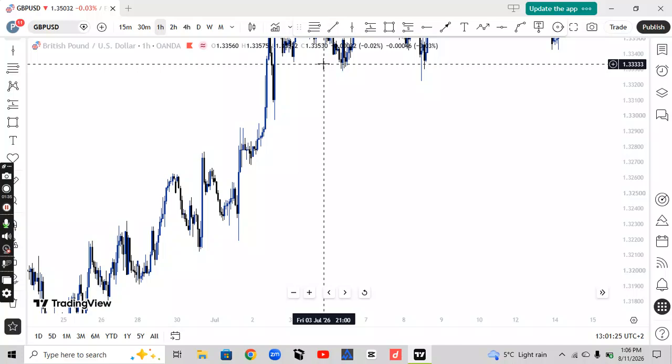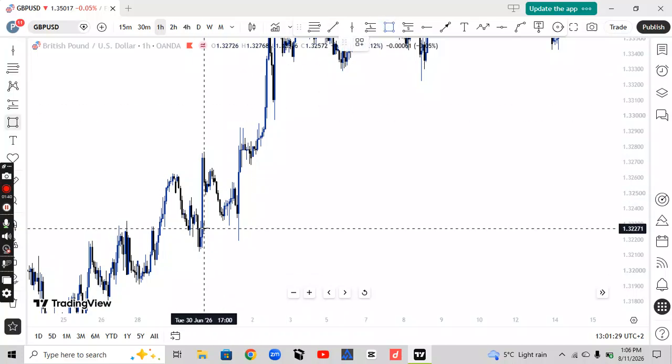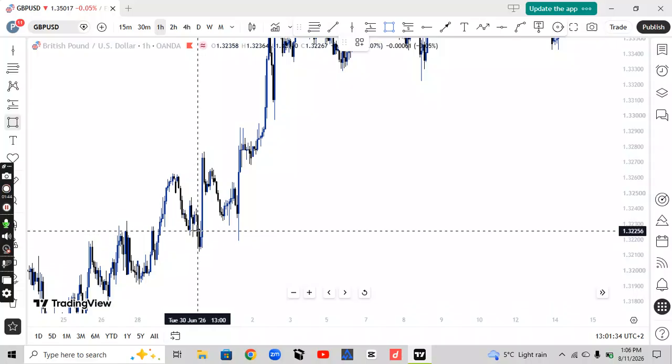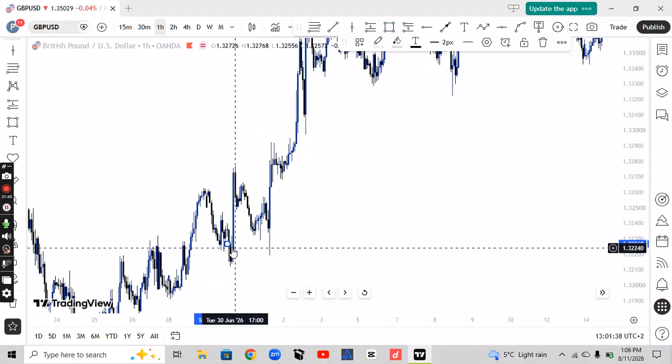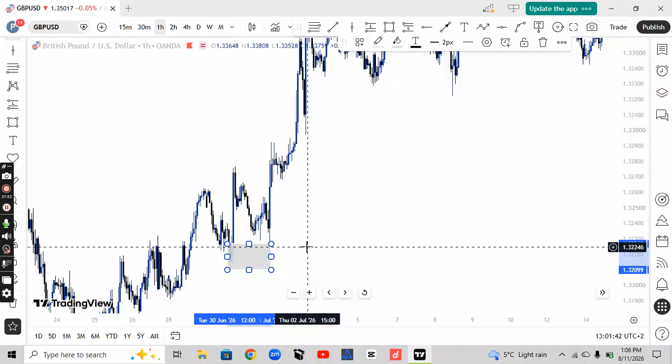So let's start here: the last sell candle before the push up. If you see here, I want to show you something. Here is your order block.